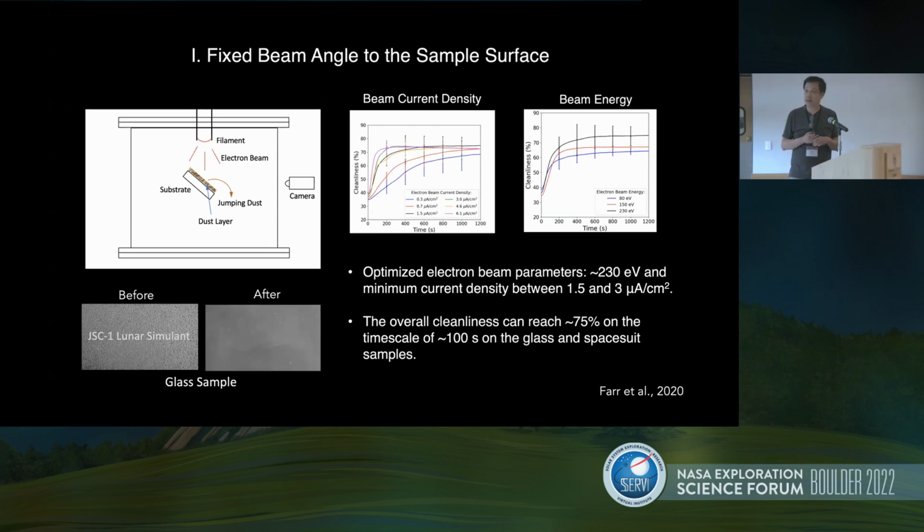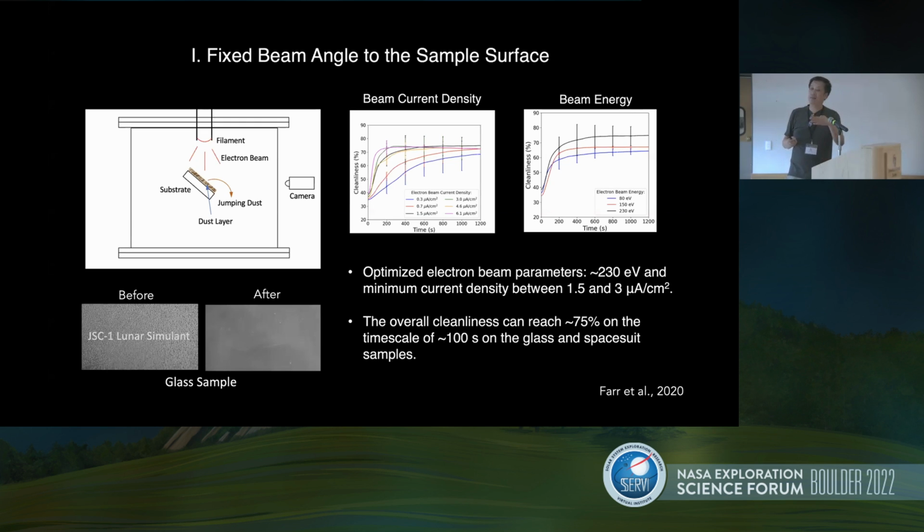This is lunar simulant on a glass sample. You can clearly see there's a cleaning process. We tried to understand the optimized parameters for the beam, including the beam energy and the beam current density.